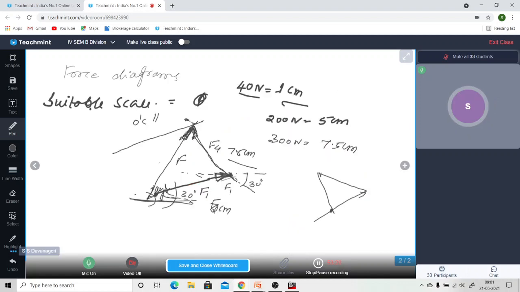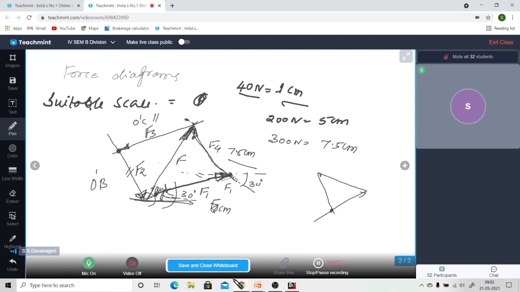Now you are going to get an intersection point here. This point is the meeting point of the two forces, F3 and F2, right?